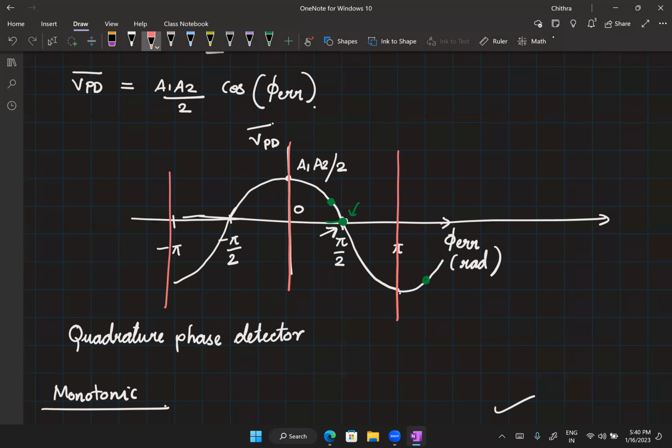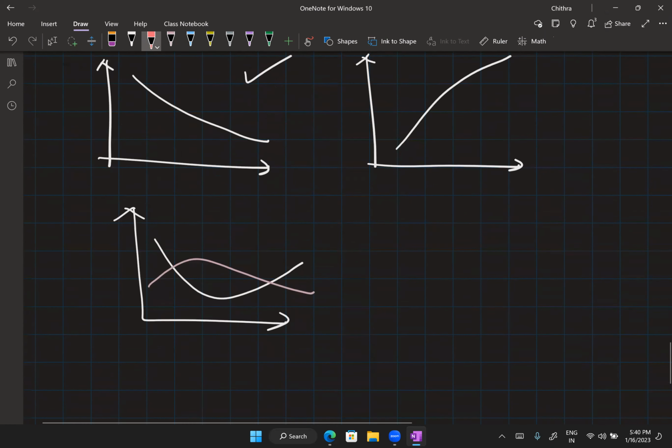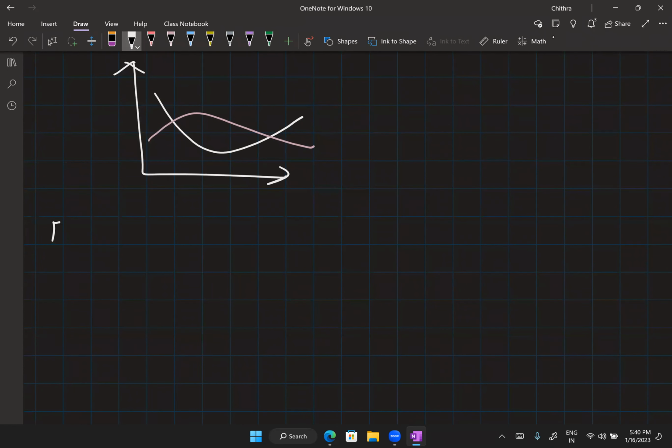Right? So let's take the range from 0 to pi. This curve is now monotonic in nature. And the range where this curve is monotonic is roughly pi, right?